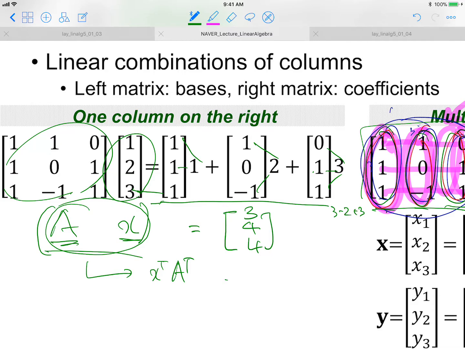But what if we do the transpose on this vector? We still draw this diagonal line at -45 degrees and flip it, and then it will be 3, 4, 4. So this column vector will become a row vector.